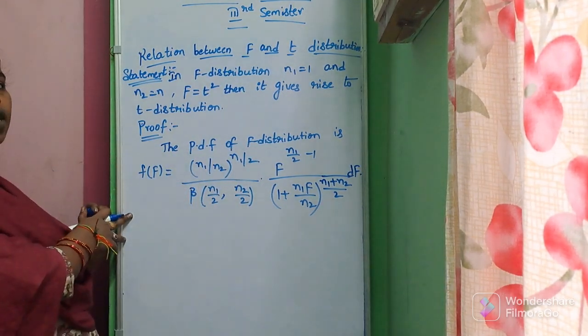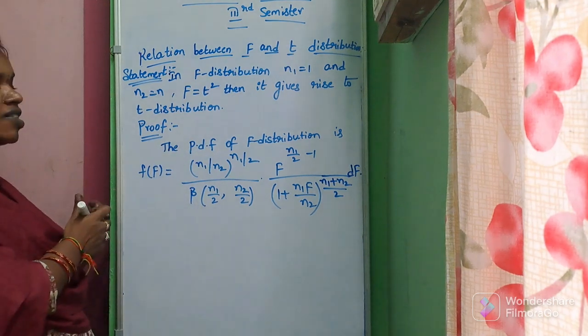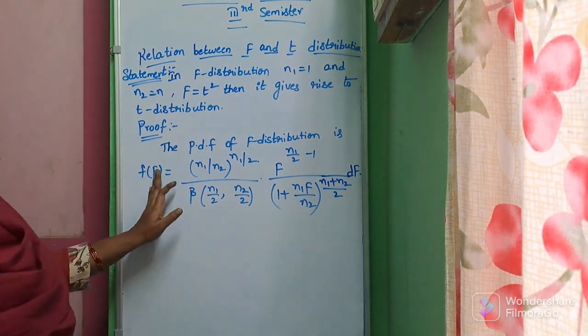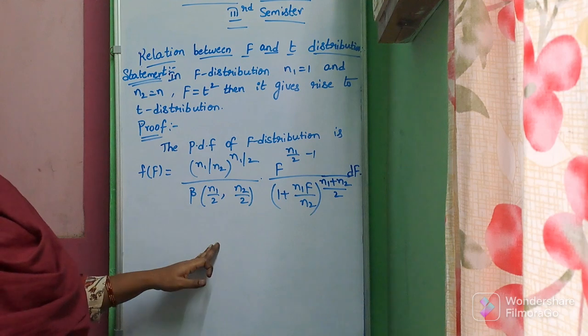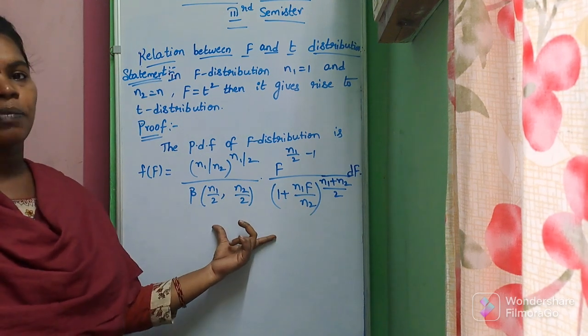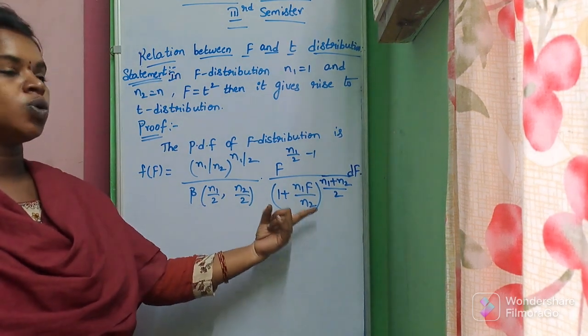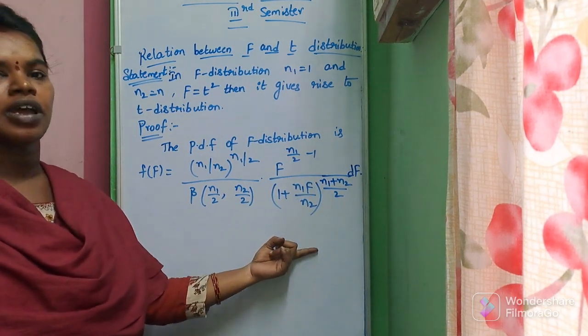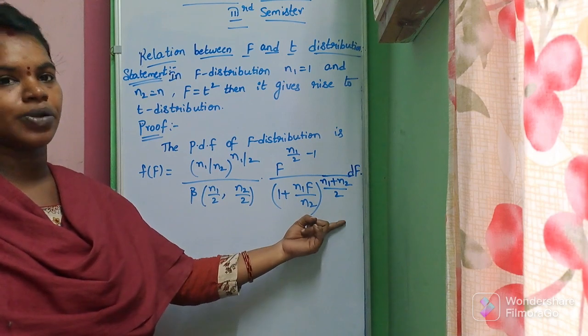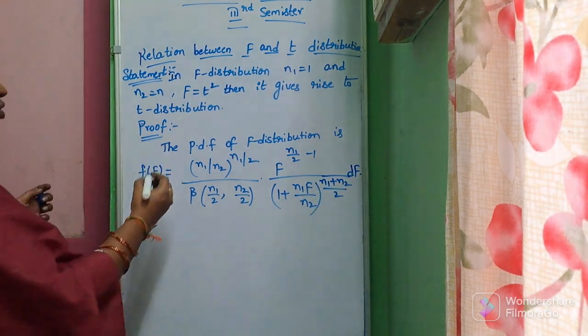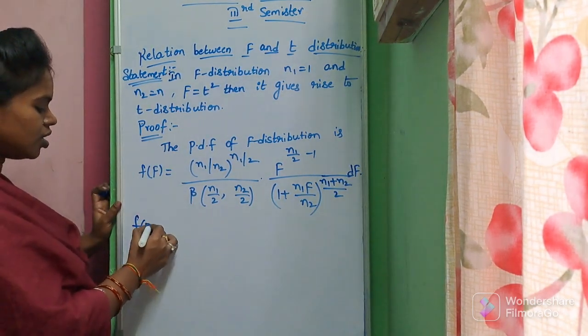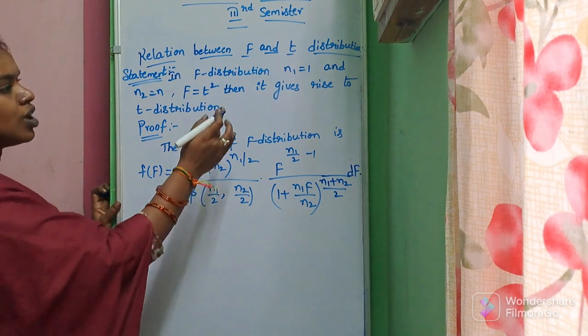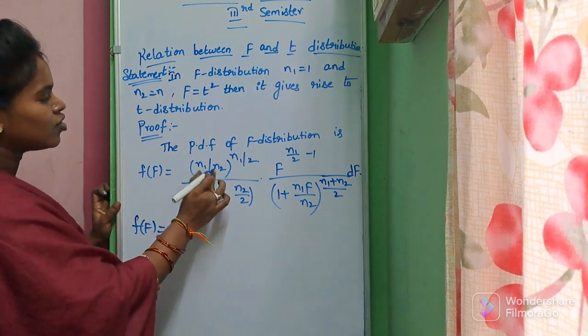We already know that the PDF of f distribution is f of capital F equal to (n1 by n2) whole power n1 by 2 by beta of n1 by 2 comma n2 by 2 into F power n1 by 2 minus 1 by (1 plus n1F by n2) whole power (n1 plus n2) by 2 into dF. First we have to substitute 1 in place of n1 and n in place of n2.